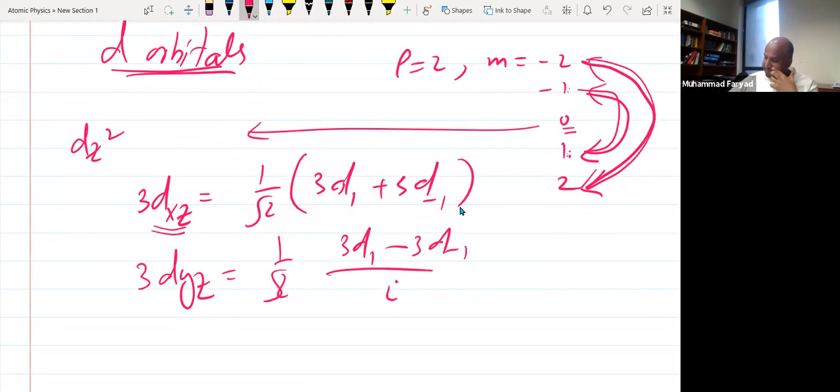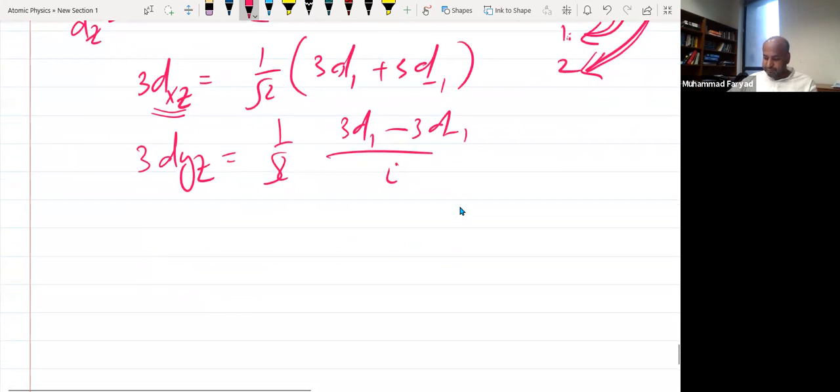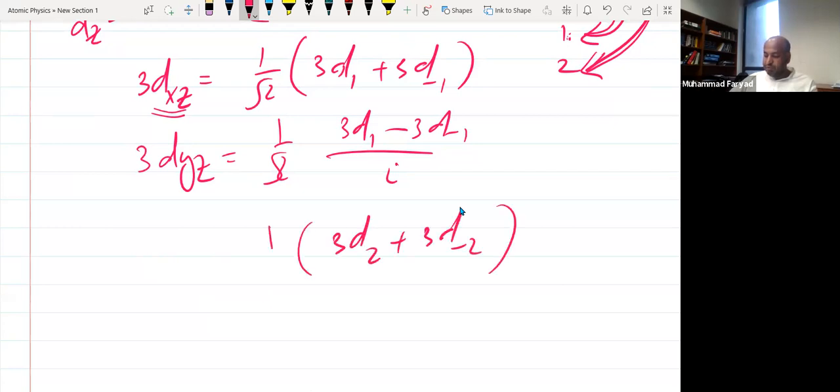Similarly, if we take the 3d2 and 3d minus 2, this orbital is called 3d x square minus y square. And if we subtract them, this orbital is called 3dxy.